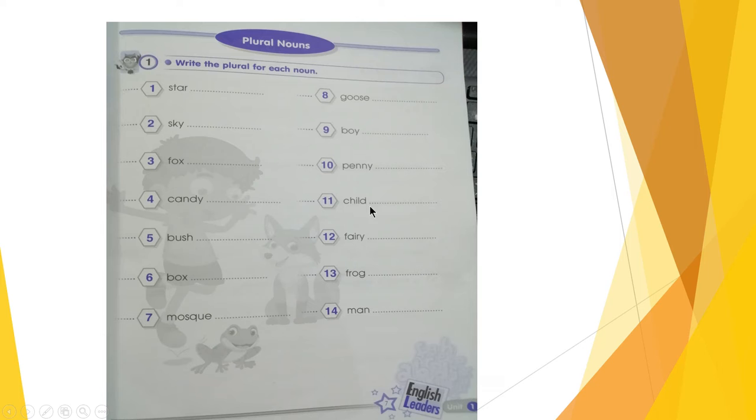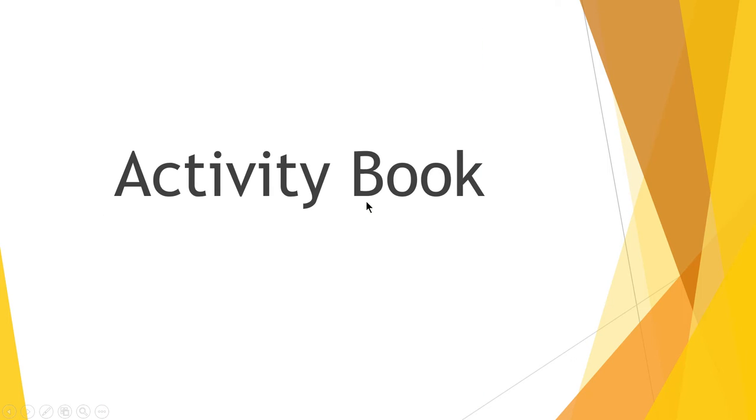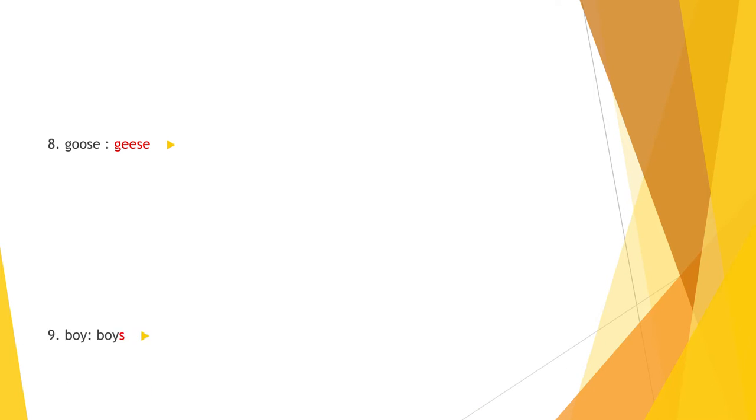It has an irregular plural form. عندها صيغة الجمع تبعتها غير منتظمة، يعني تتغير الكلمة كاملة، مش منضيف لها s. So it's wrong to add s to child. Okay, so child becomes children. Child, children.